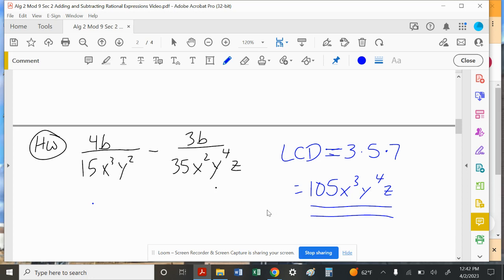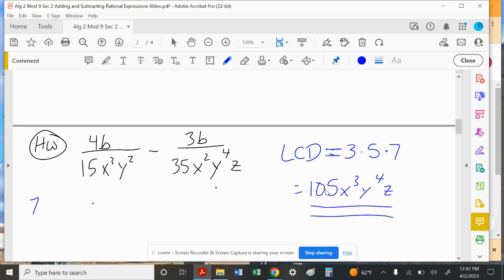Now what's missing? So how many times does 15 go into 105? That's what we have to figure out: what is the number that's missing? Well, that would be 7. So that means we have to multiply this number, the 4b, by 7. And then notice this is not missing any x's.